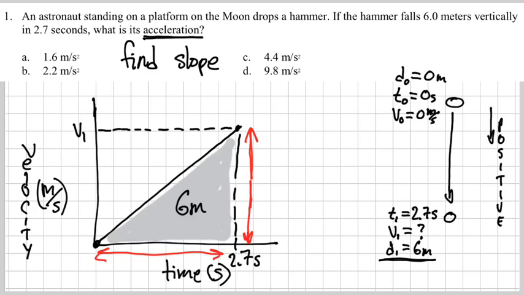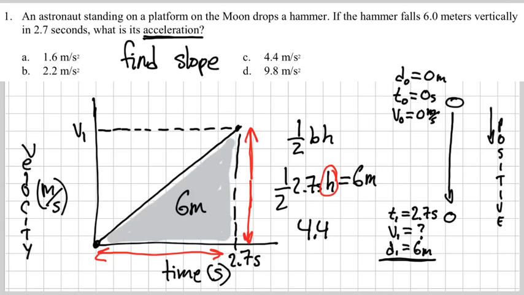We know that the area of a triangle is 1/2 base times its height. We know the base is 2.7 seconds. The height is what we're looking for, and we know that the area is 6 meters. So if we solve for the height, which is our V1, we will get 4.4 meters per second.